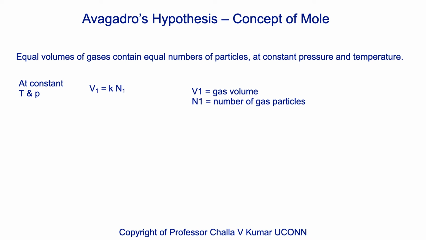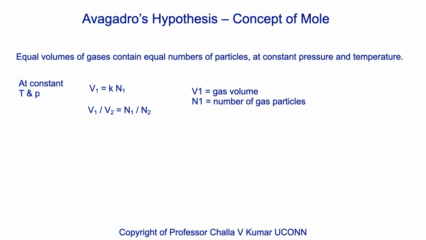If I have another sample that has a volume V2 and has number of particles N2, then it is mandatory that V1 over V2 equals N1 over N2. How did I get this?